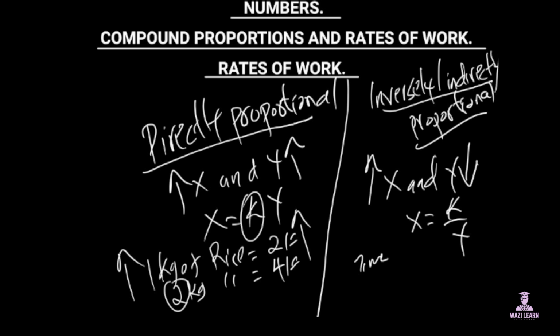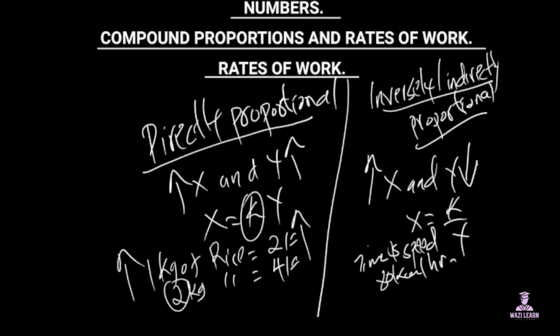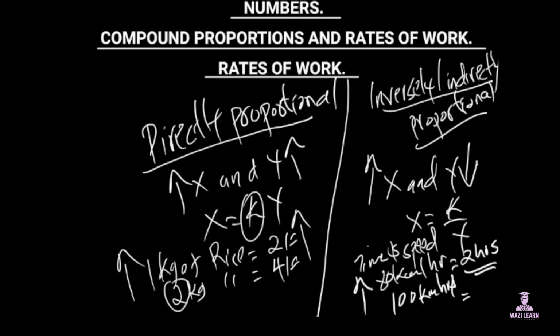You are traveling at a speed of 80 kilometers per hour, and this takes you 2 hours to travel. When you increase the speed to 100 kilometers per hour, the time taken will decrease. Let's say it takes even half an hour, that is 30 minutes.